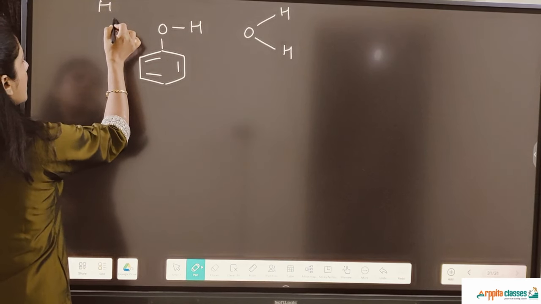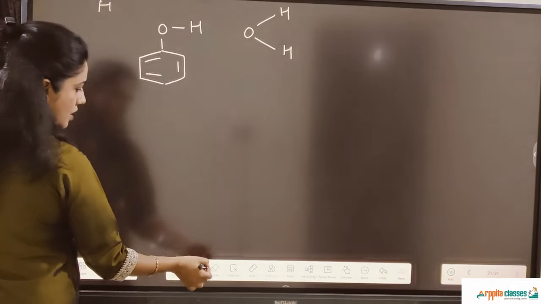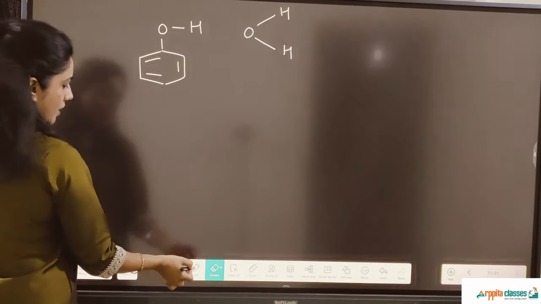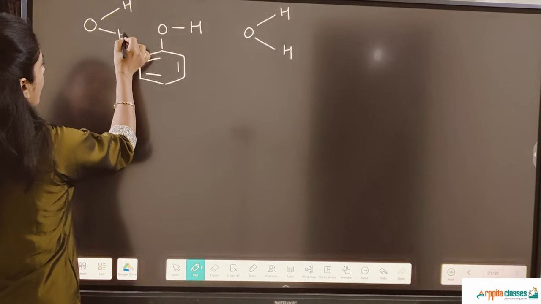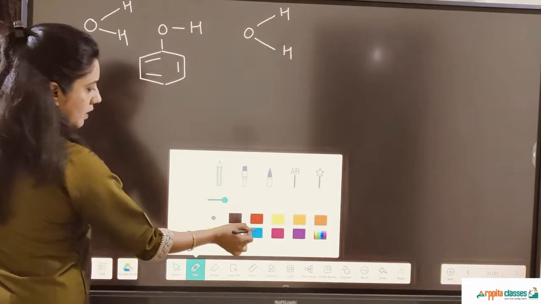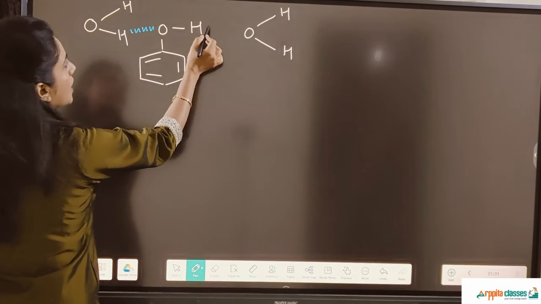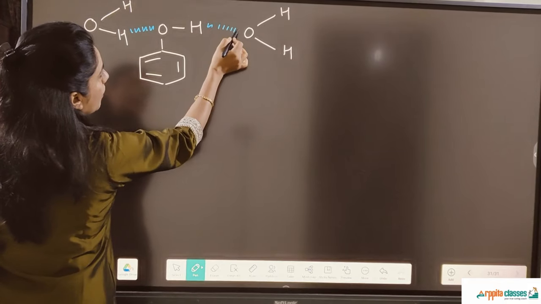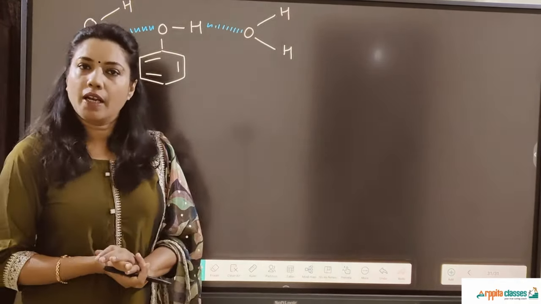This is another water molecule. How do I write it? So this side I write O, this side H, this side H. So we see the hydrogen bonding forms like this. This is how the hydrogen bonding is forming between water and phenol. Because of that, phenols are a little soluble in water.